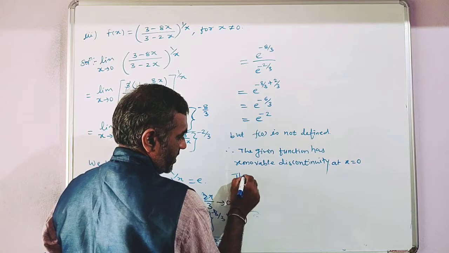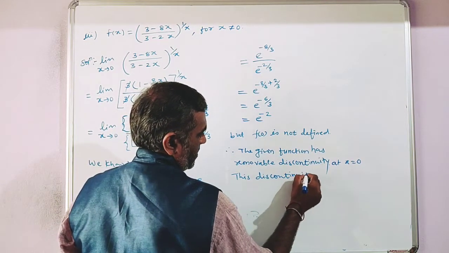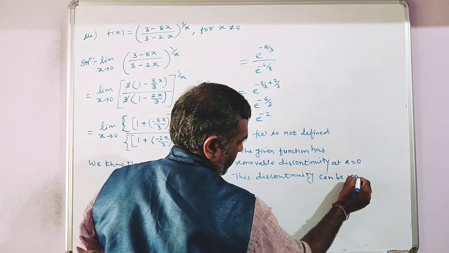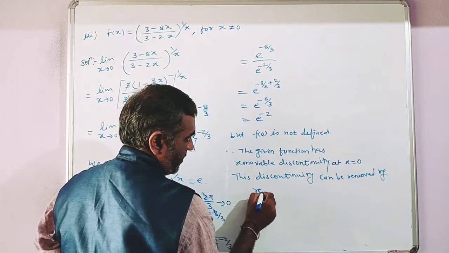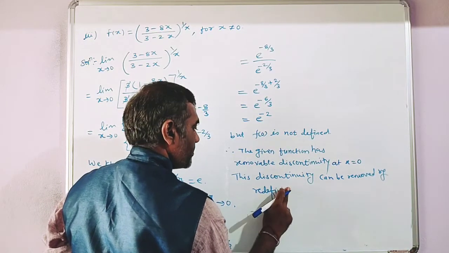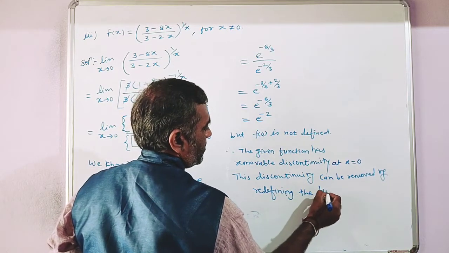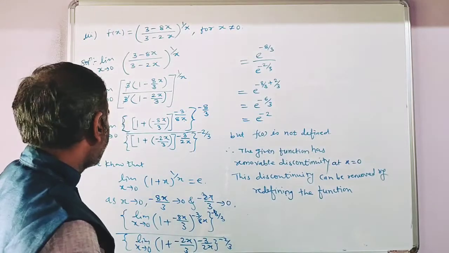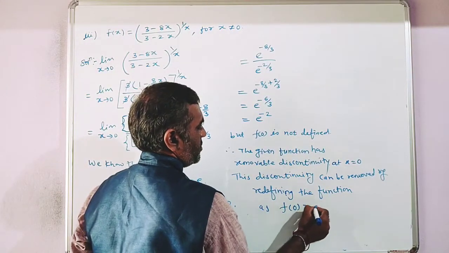This discontinuity can be removed by redefining the function, redefining the function as f of 0 is equal to e raised to minus 2.